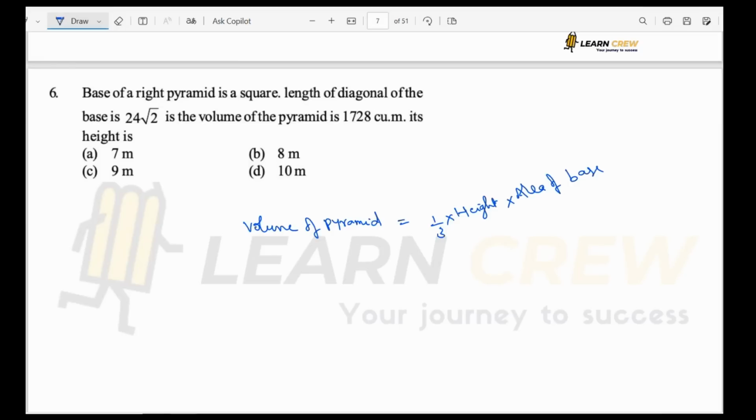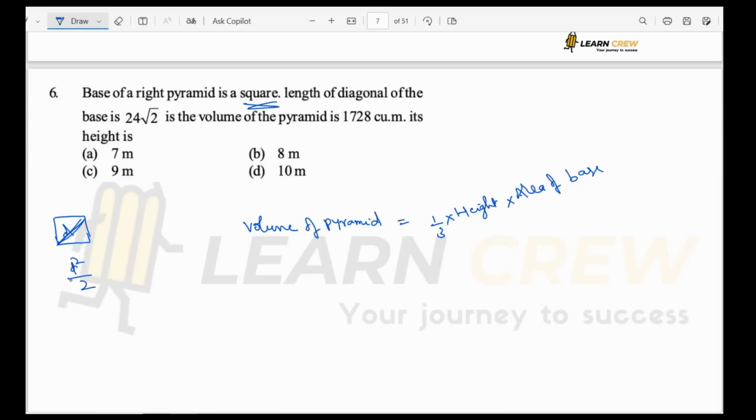And here, what is given? The length of the diagonal of the base. The base is of what shape? Square shape. Yes or no? For a square, when the diagonal is given, the area would be d square by 2.